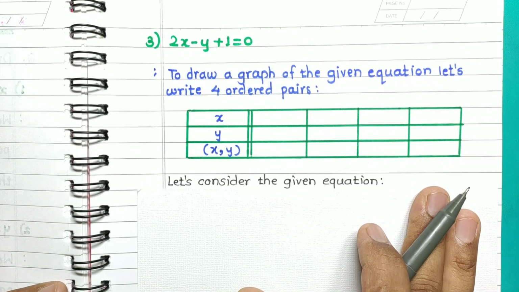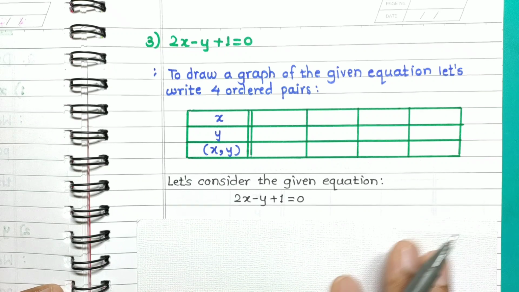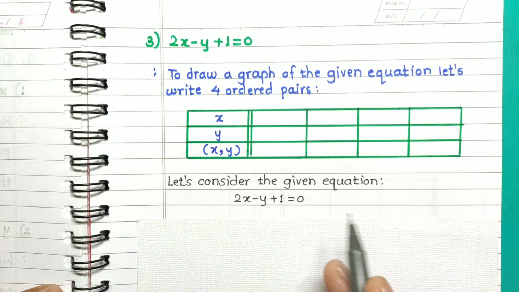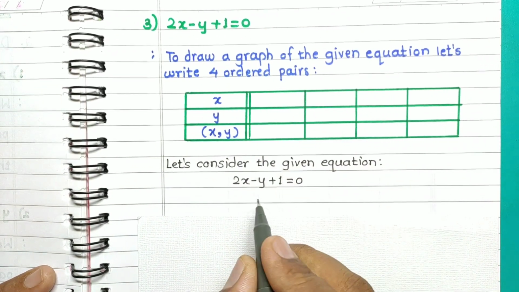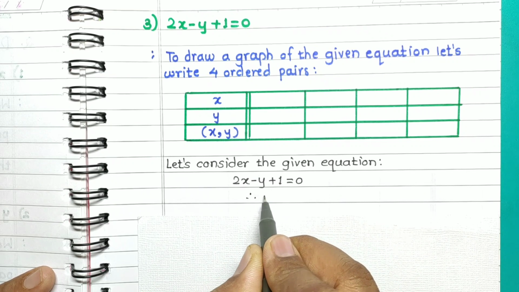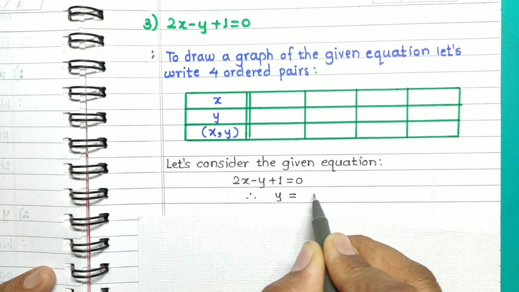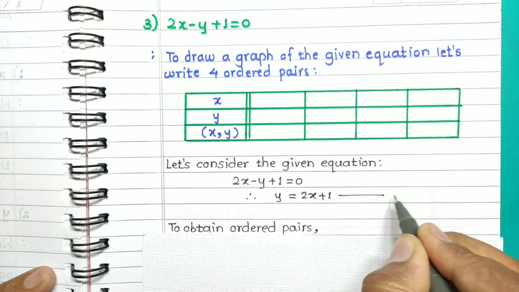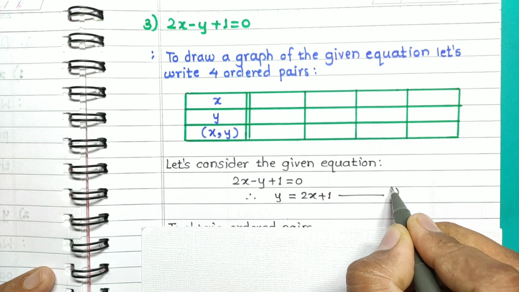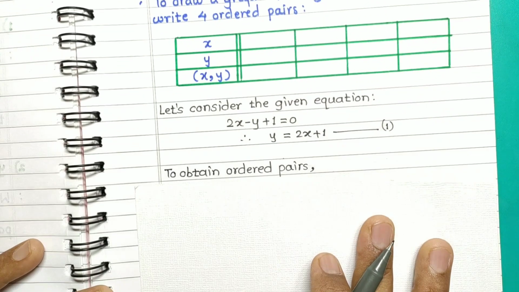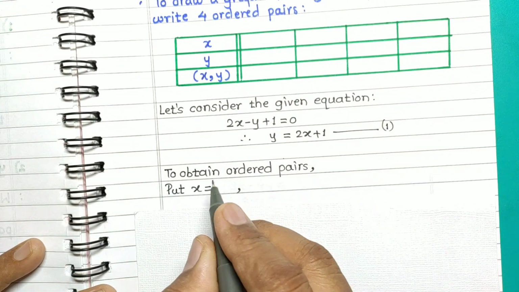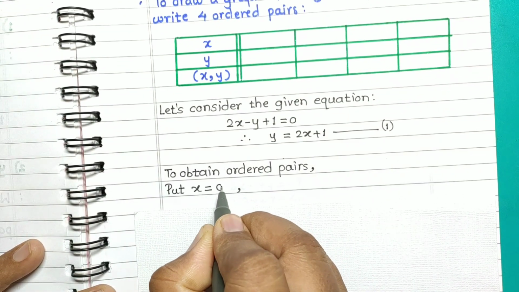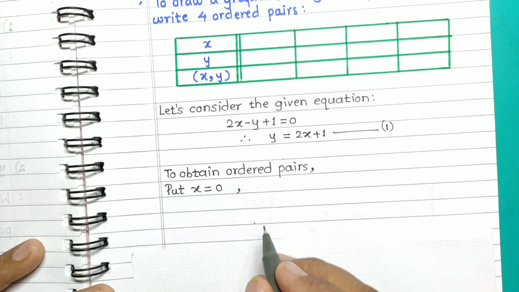Okay. So let's consider the given equation 2x minus y plus 1 is equal to 0. Therefore, see, y is equal to 2x plus 1. Call it equation number 1. To obtain ordered pairs, put x is equal to 0 in equation 1.